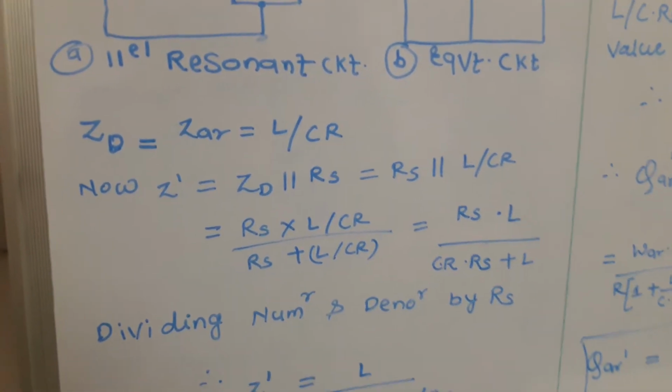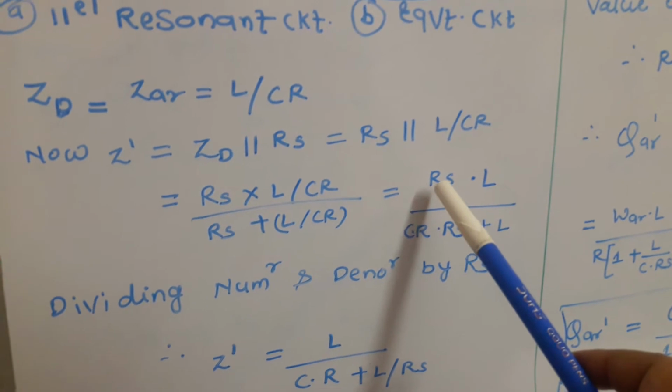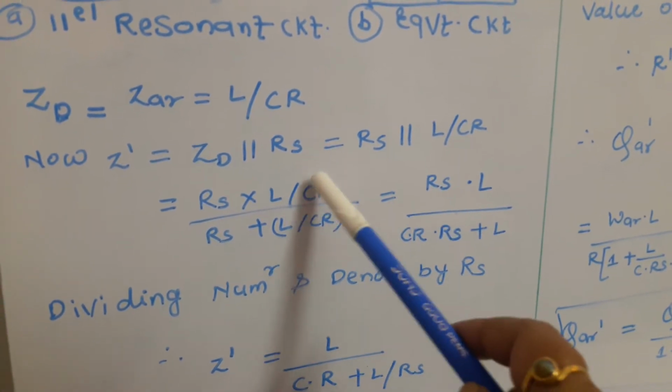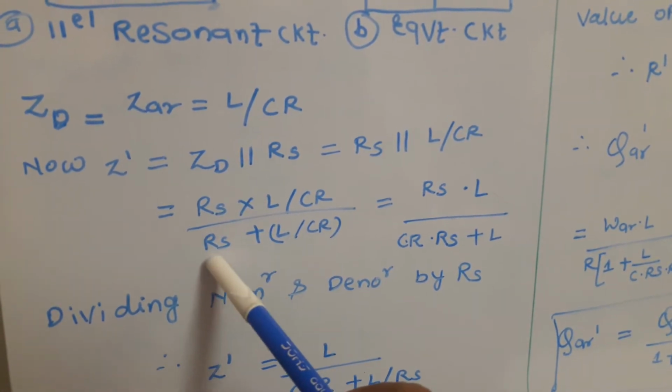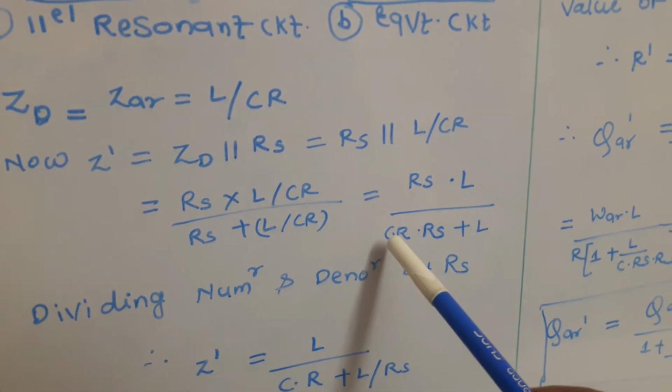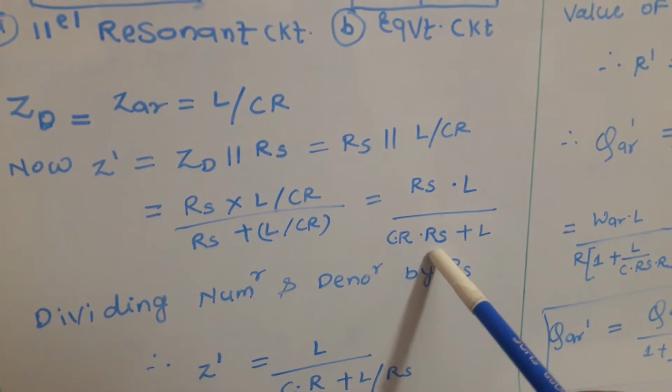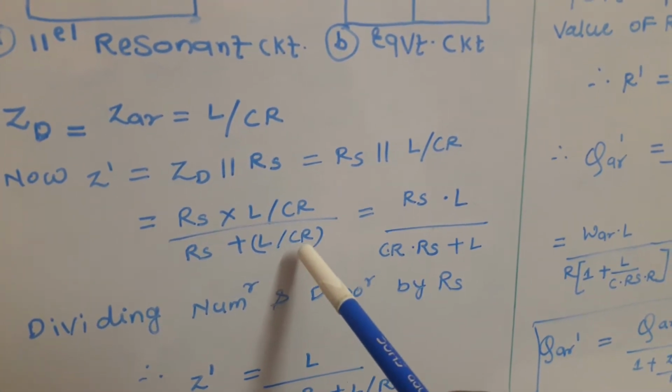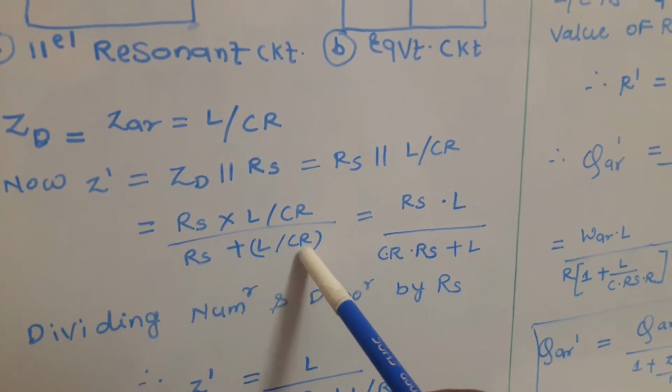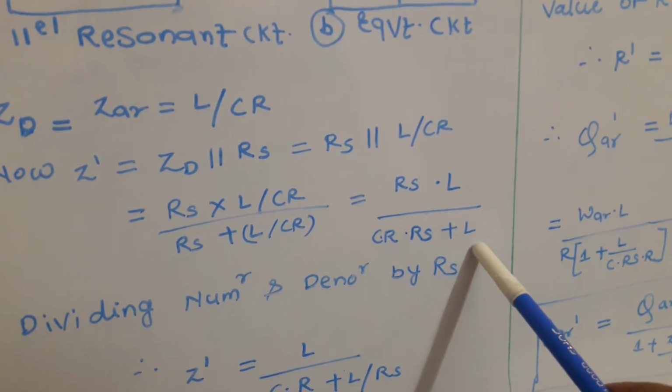So now let us make it simple. It will be Rs dot L; the CR will be shifted to the denominator and it will multiply all the terms. So C dot R dot Rs will be there, plus, now this CR will cancel in the denominator, so only L is left here.